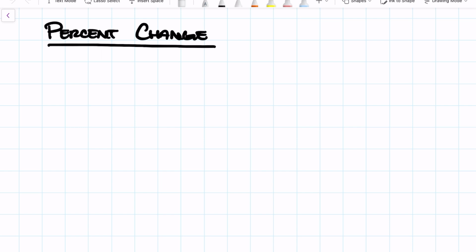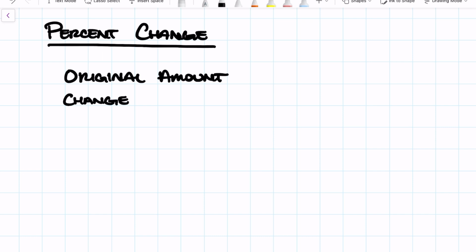So we're just going to start off with the reminder that remember that there will be an original percent, or original, let's say original amount, and then there's the amount change, or change amount, and there will be the final amount, or the new amount, or anything like that.